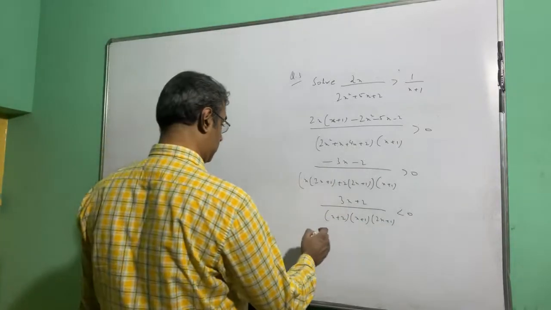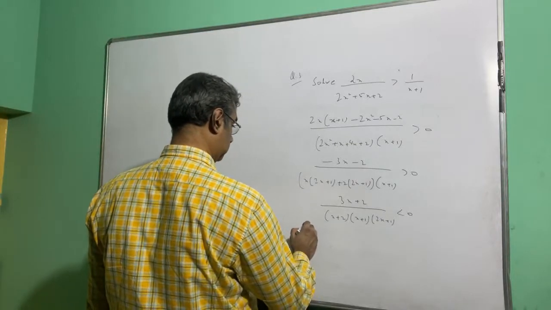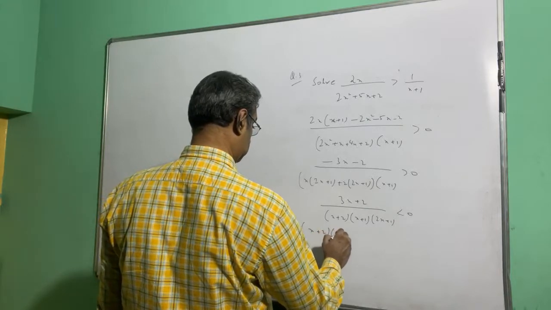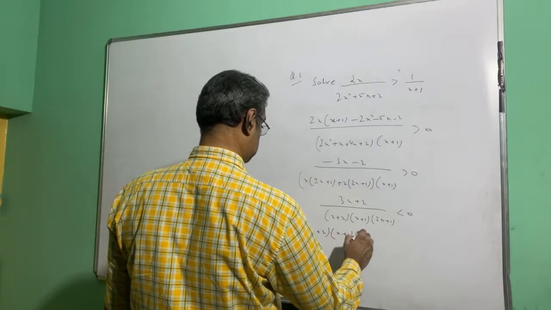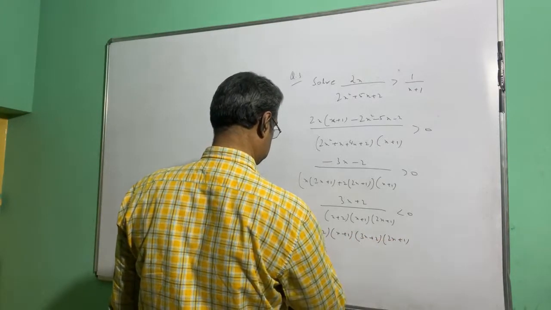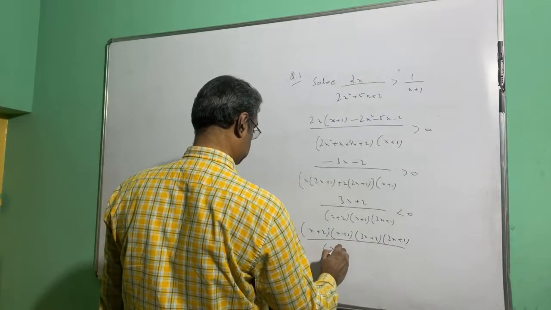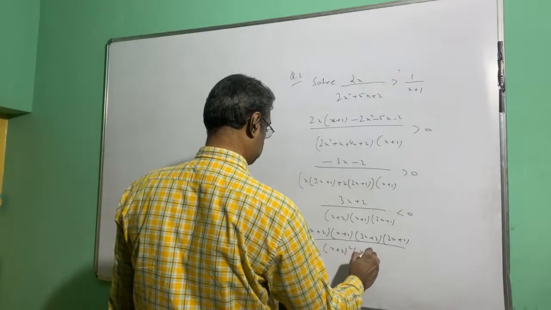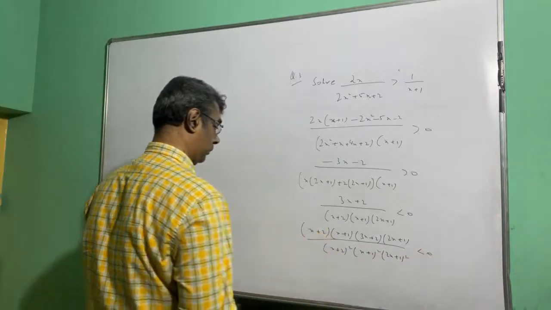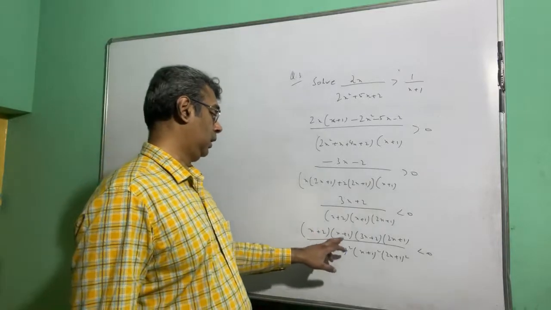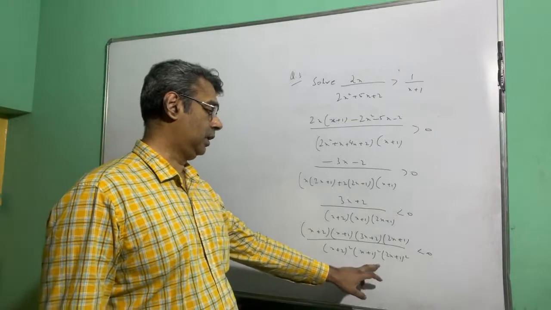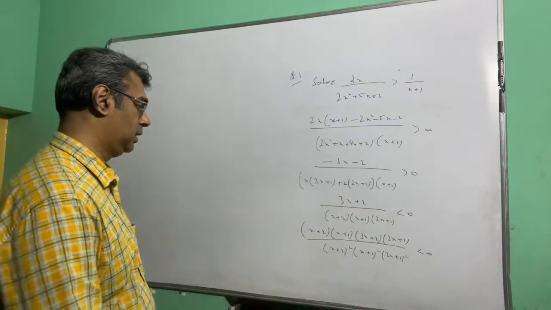So for this, (x plus 2) into (x plus 1) into (3x plus 2) into (2x plus 1) by (x plus 2) whole square into (x plus 1) whole square into (x plus 1) whole square is less than 0.